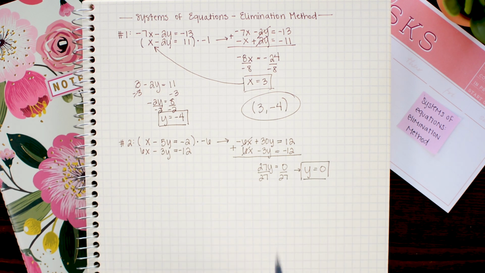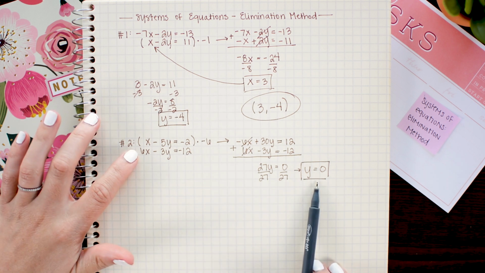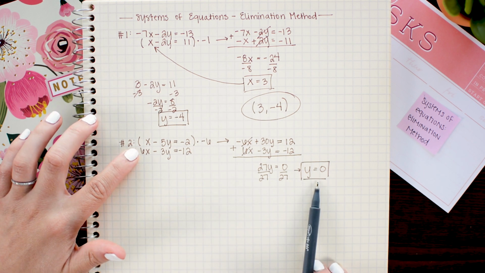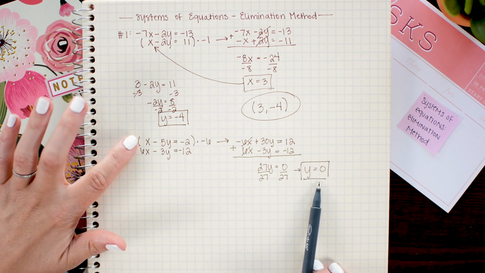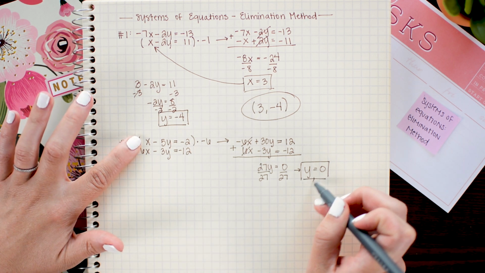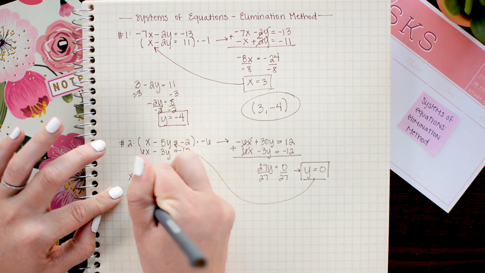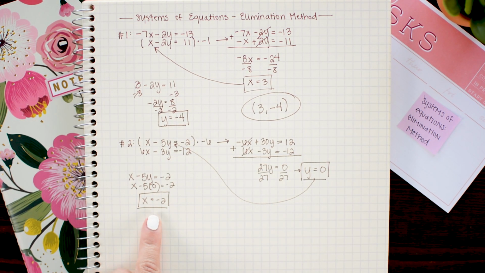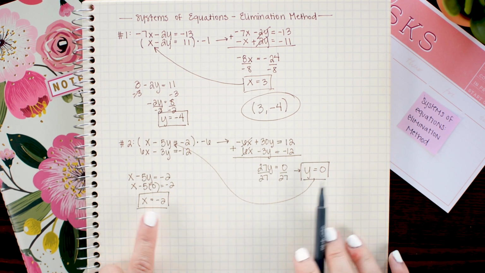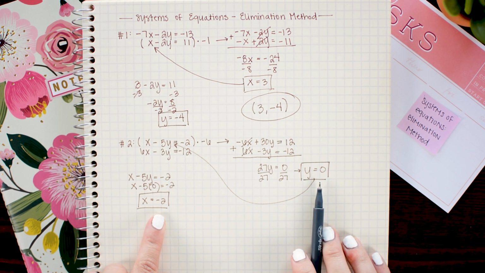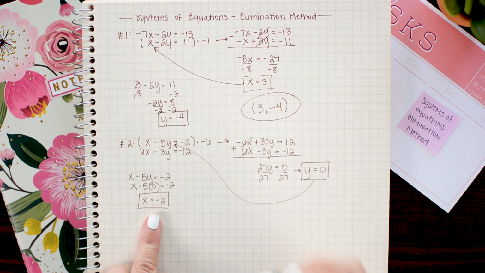All right, so for the first equation we get y equals 0, and now we can simply plug this back into one of our original equations for y and solve for x. I like this first equation, so that's where I'm going to plug it into. There we go, we found that x is negative 2. Putting these two values together, we get the coordinate point negative 2, 0.